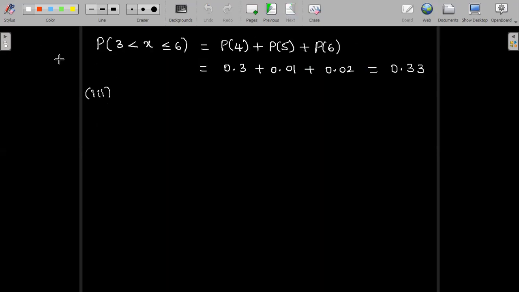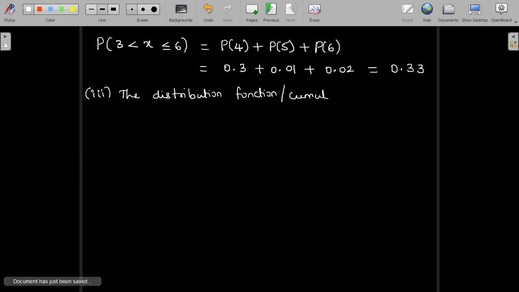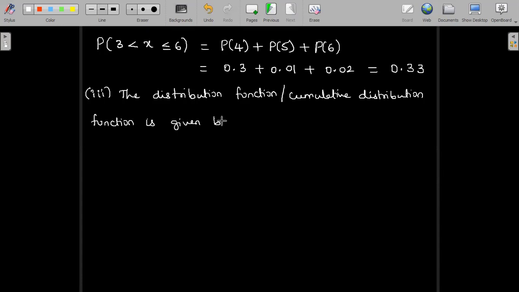So let's first write down the formula. The distribution function, or the cumulative distribution function, is given by the formula for that. We have discussed this already in the theory.